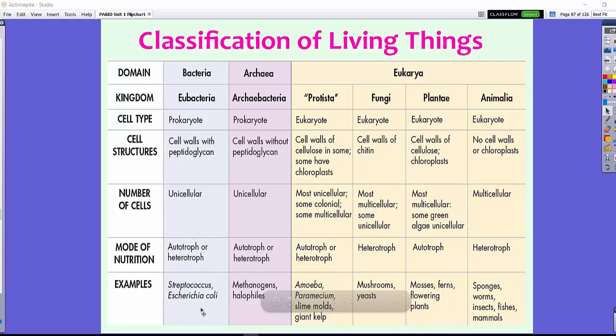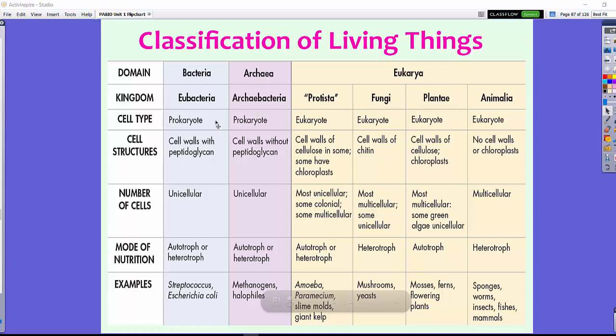Bacteria domain has only one kingdom in it. As we go down the chart, we're going to talk about this individually in other slides. However, I do want you to take notice of the differences between domain Bacteria and domain Archaea. Archaea is another domain that only has one kingdom within it.